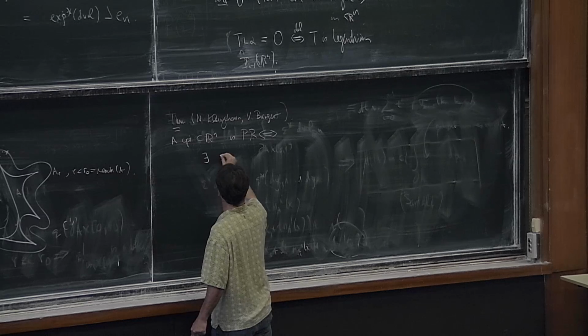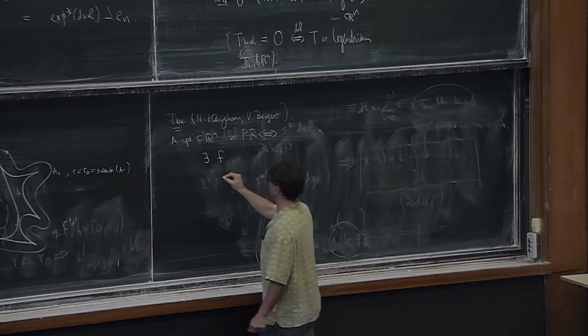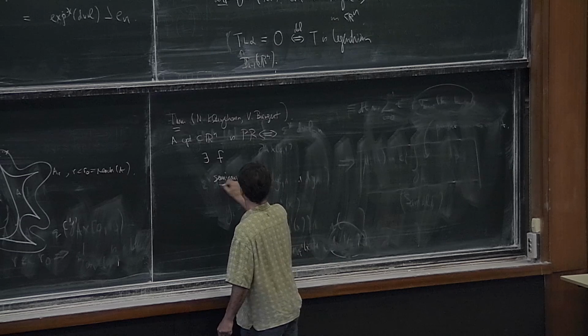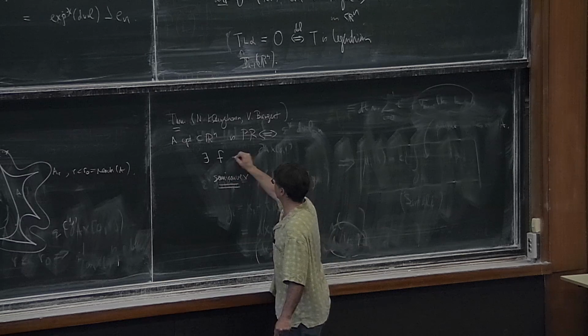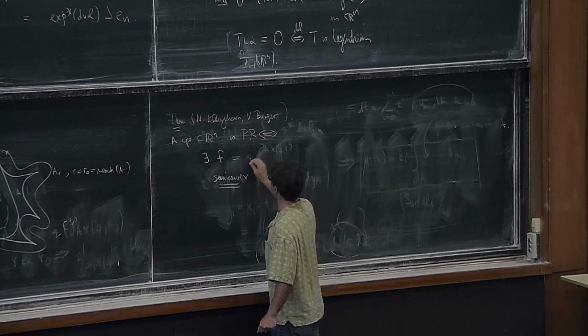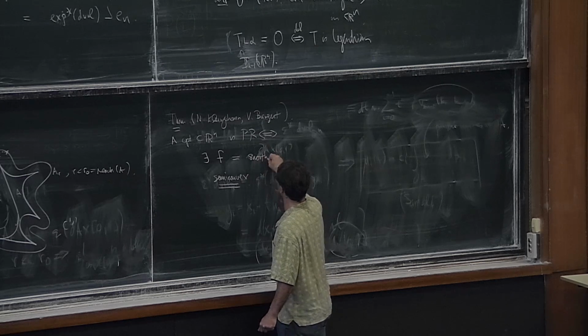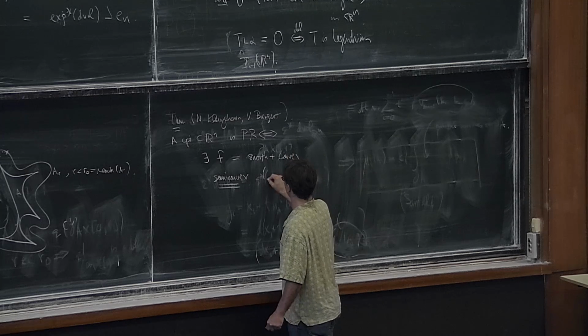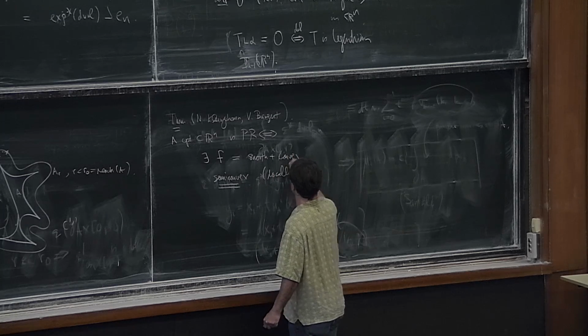There exists a function f which is semi-convex. What does that mean? It means there's a smooth function plus a convex function, maybe locally. It doesn't really matter.